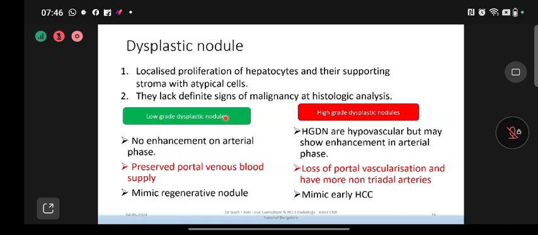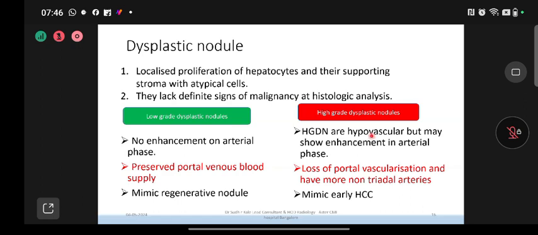So in low-grade dysplastic nodule, the arterial supply is still almost the same, and there is a preserved portal venous blood supply. There is no angiogenesis, and they mimic regenerative nodule. In high-grade dysplastic nodule, there can be a loss of portal vascular flow, and there can be a start of angiogenesis, but not to the extent that you see in HCC.